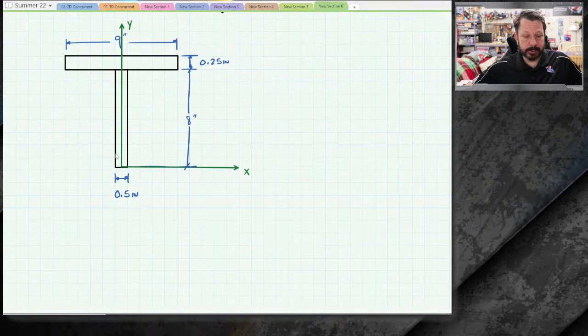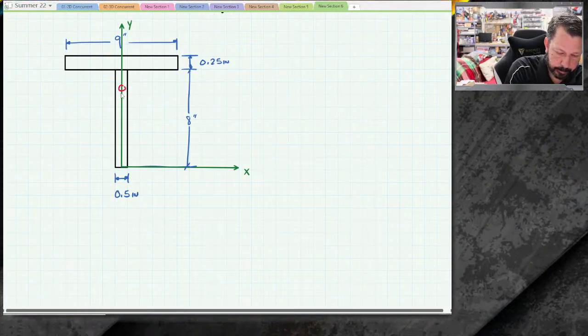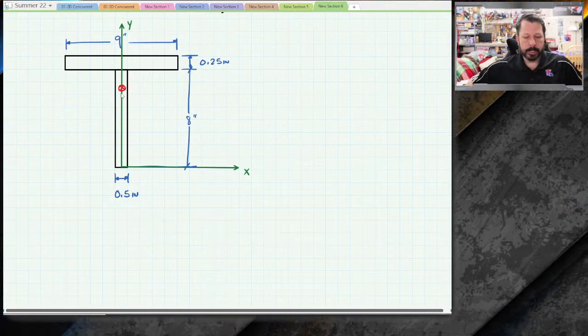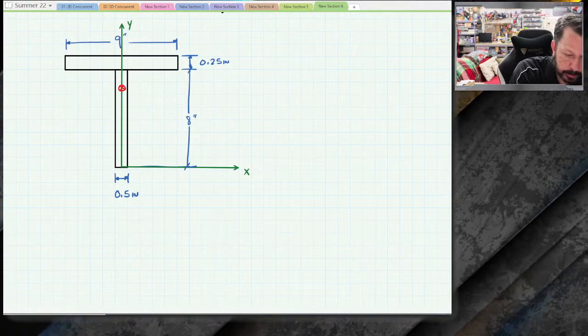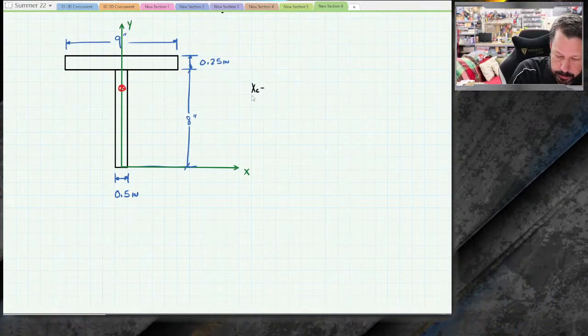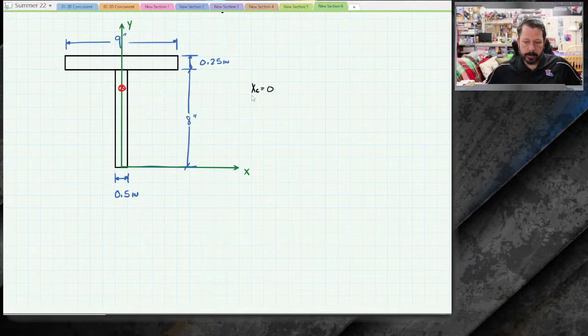I can see that the centroid should be, I don't know, right here. So there's symmetry about the y-axis. So x sub c, just by observation, x sub c equals 0, just by looking at it.